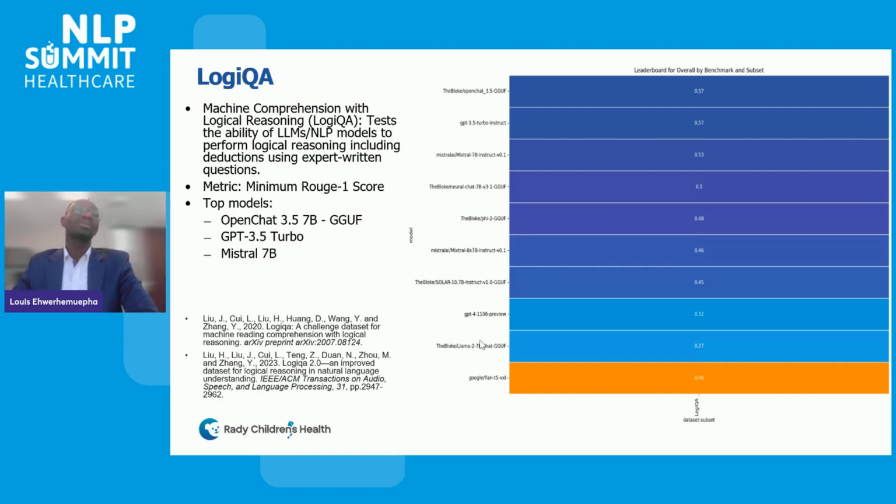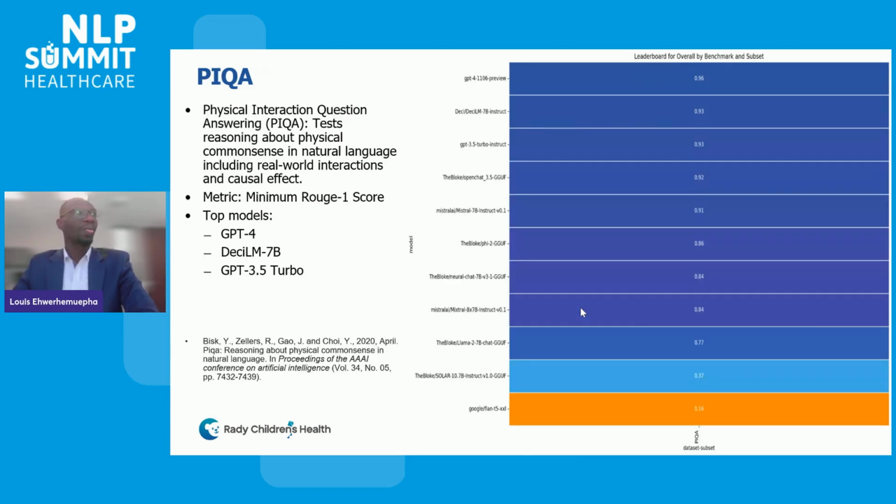And this is important for a medical application, even though this test is not necessarily specific for clinical applications. And currently, the leaderboard on langtest.org shows that OpenChat 3.5, GPT 3.5, and Mistral 7B are some of the top LLMs when it comes to logical reasoning, including deduction.